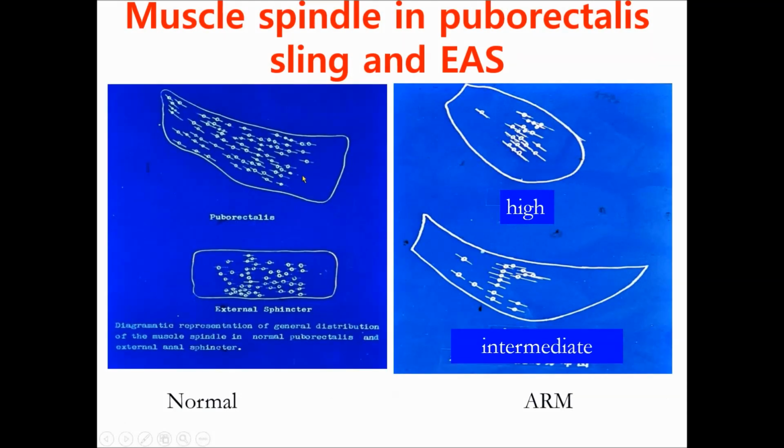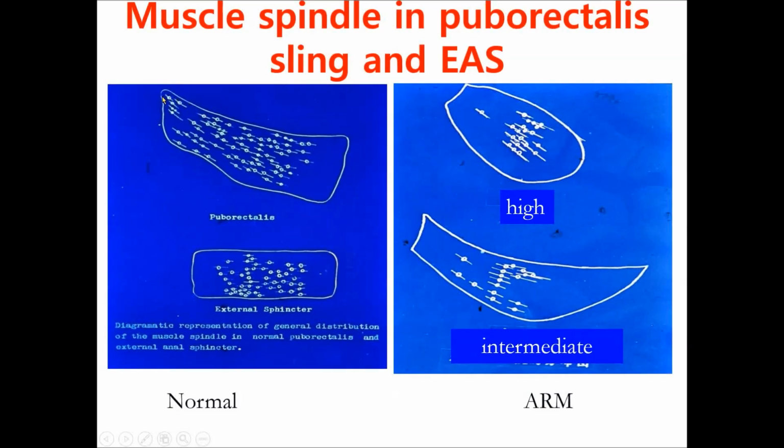According to our study, in normal, the muscle spindle is located in the anterior 2/3 of the puborectalis. This is the side view of the puborectalis and the side view of the external anal sphincter.